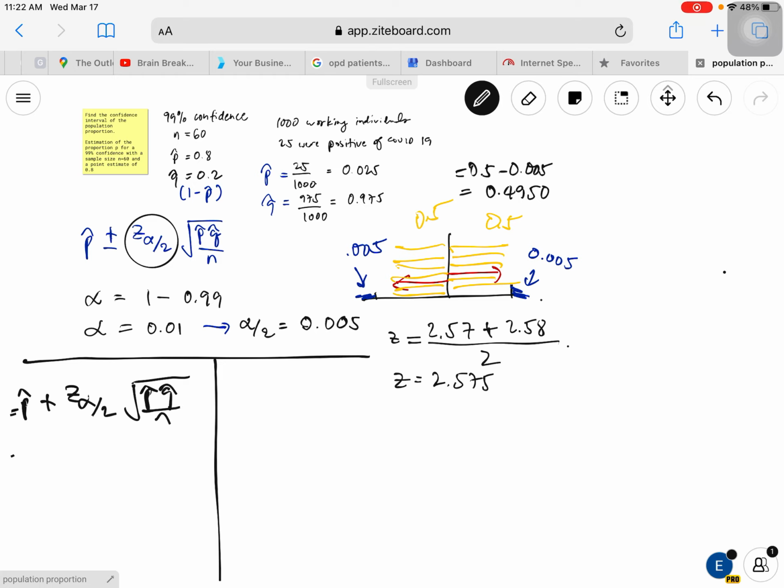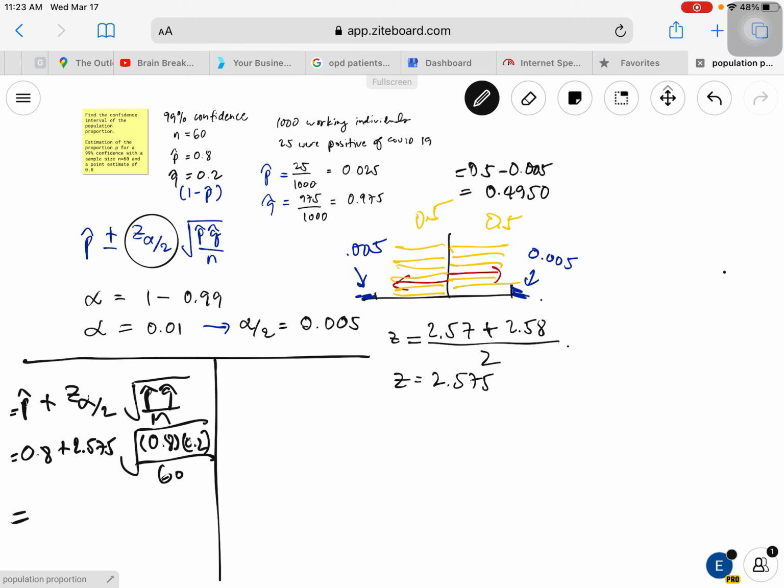Let's substitute the values. We have 0.8 plus 2.575 times the square root of p hat, which is 0.8, times 0.2, all over our sample size n, which is 60. Please use your calculators, and you can verify this also.